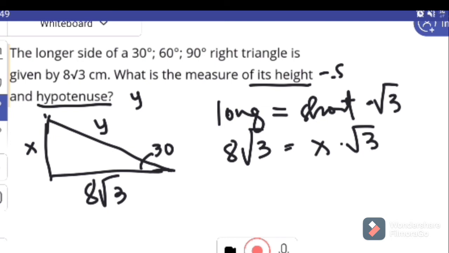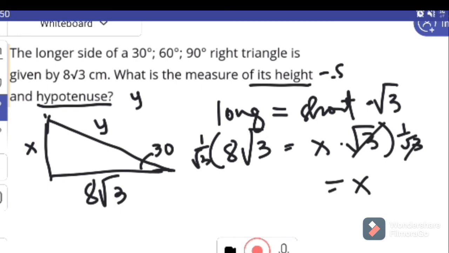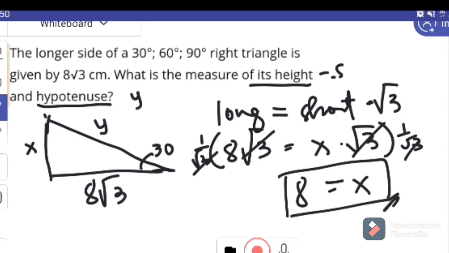So, we're going to divide both sides by square root of 3. So now X is equal to 8. So we have the shorter leg is equal to 8.